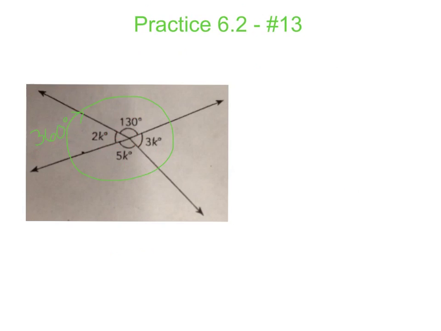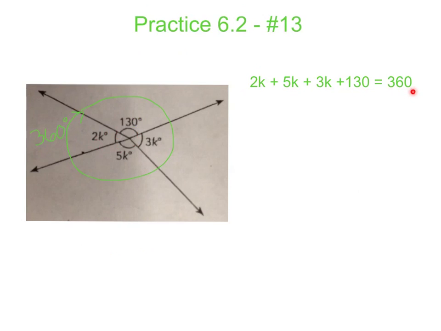If I take 2k plus 5k plus 3k plus 130, it should equal 360. So my equation is 2k + 5k + 3k + 130 = 360 degrees.